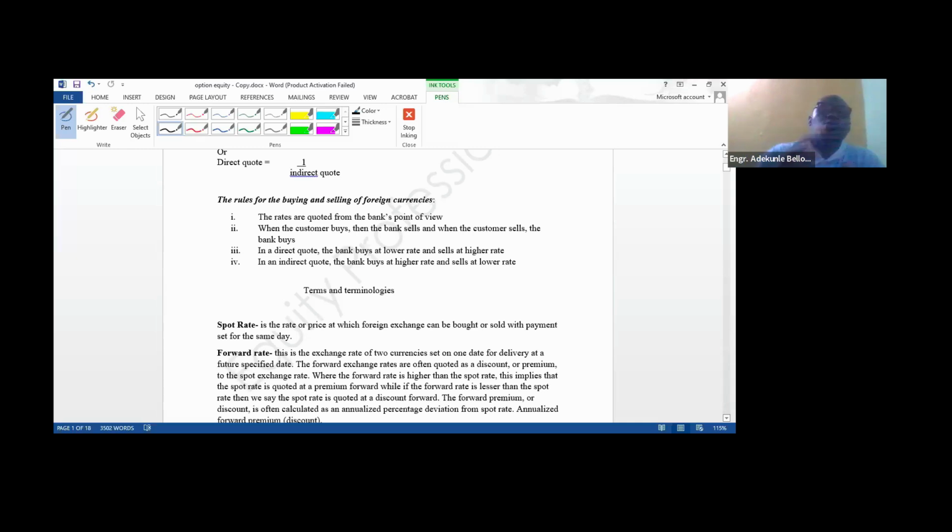Point number 2, when the customer buys currency, the bank will sell. When the customer is willing to buy foreign currency, the bank will sell foreign currency.